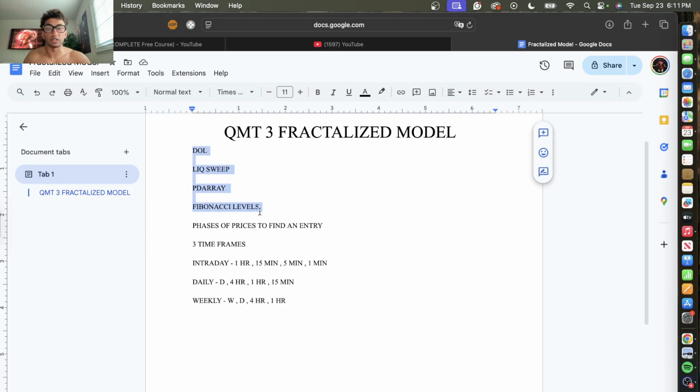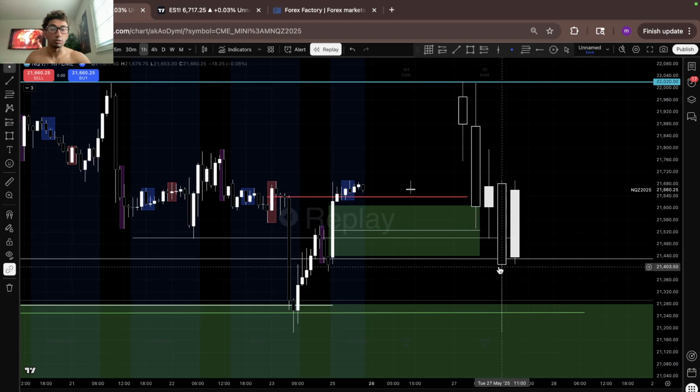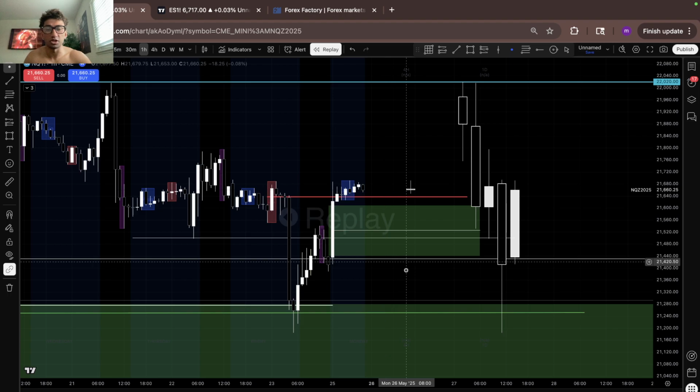Or we can even say these 4 are the only things you need, and change in state is part of it. So those 5 are all you need for the fractalized model, but there are still other confluences I use, like using CE of PD arrays, using new wick theory of wicks, and then using standard deviation. So I will make another video on that as well.